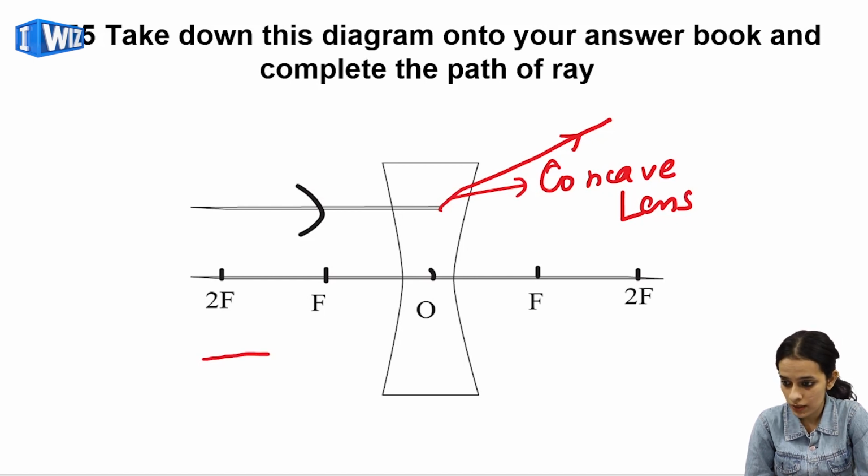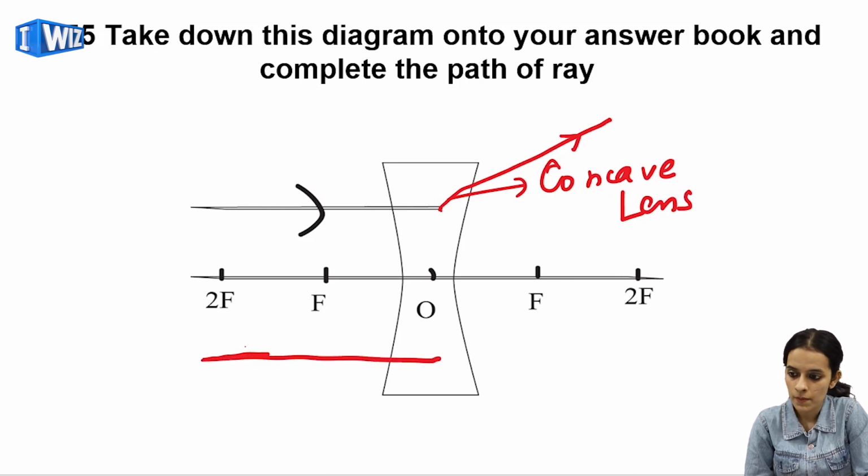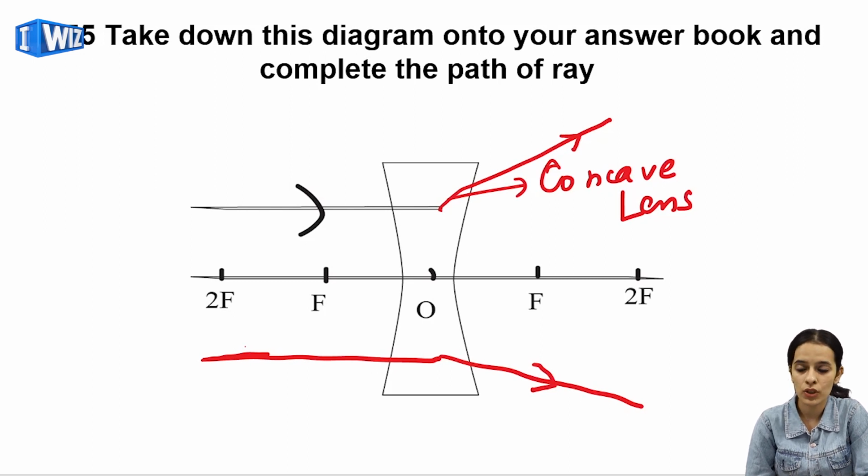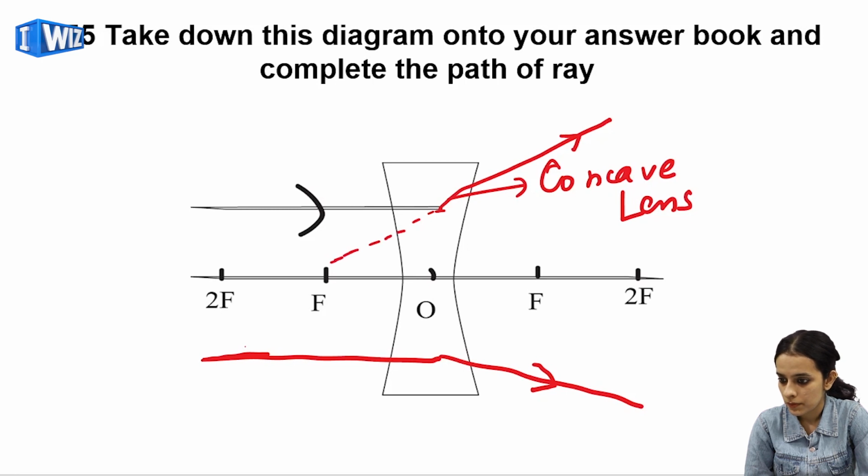Again, a ray of light will go straight in this way, so it will also diverge like this. Draw it straight. You should use a scale for this purpose because your ray diagrams should be neat and clean. When you diverge these rays of light, to see where they will meet, you can extend them like this.